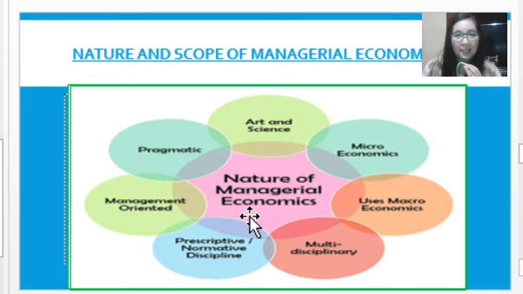And the last is that managerial economics is said to be pragmatic because it is a practical and logical approach to solving day-to-day business problems. When I say pragmatic, this refers to a logical manner or order in solving business problems.